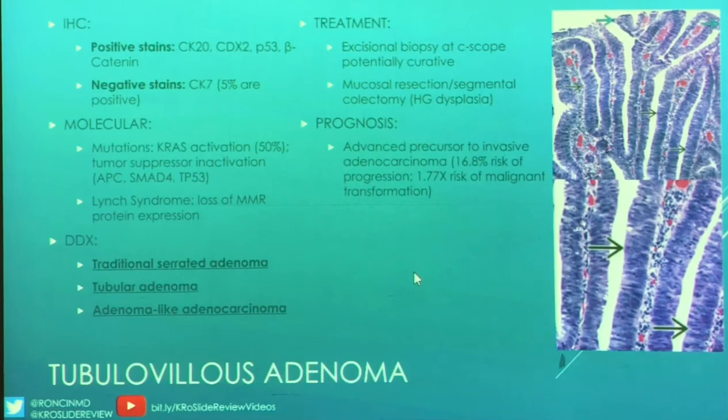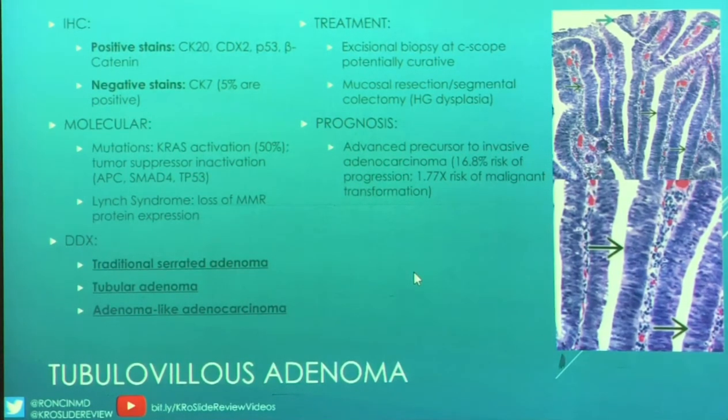This is an advanced precursor, so whereas our tubular adenoma was a precursor lesion, this is an advanced precursor lesion. So instead of a 10% risk of progression to adenocarcinoma, this has a 17% risk of progression, or a 1.77 times risk of malignant transformation.